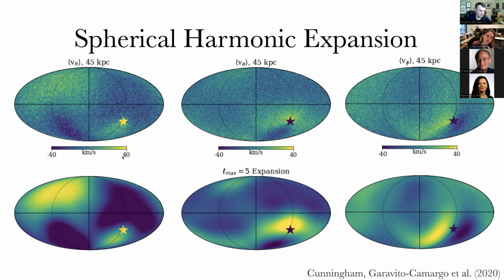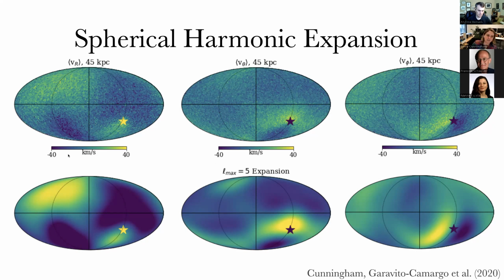And the lower panels are showing you a relatively low order, so L max equals 5, expansion of these different velocity maps. And what you can see is that the low order expansion is recovering the salient features of these maps fairly well, because these are large scale perturbations that are being induced by the Large Magellanic Cloud.